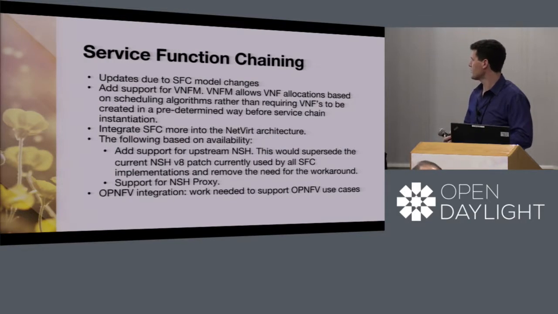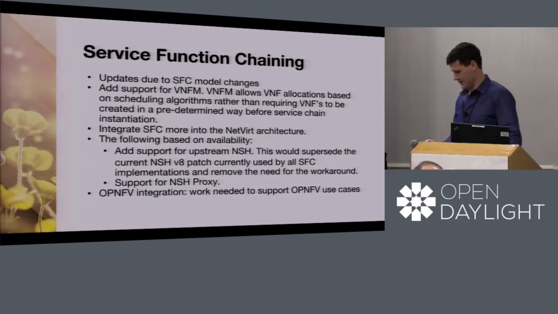And the last points, Andre, what's the NSH patch looking like? Is it going to make it for Boron? It's all upstream OVS, well, Linux kernel work, and then OVS.